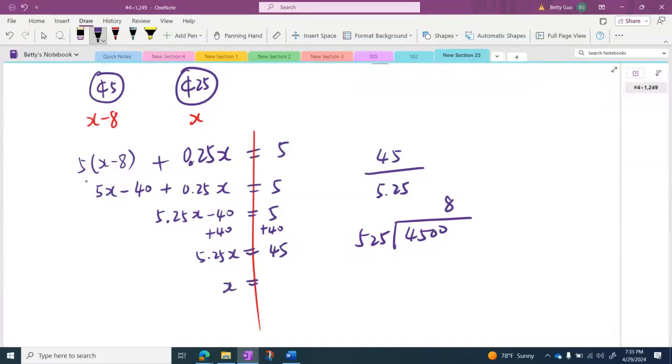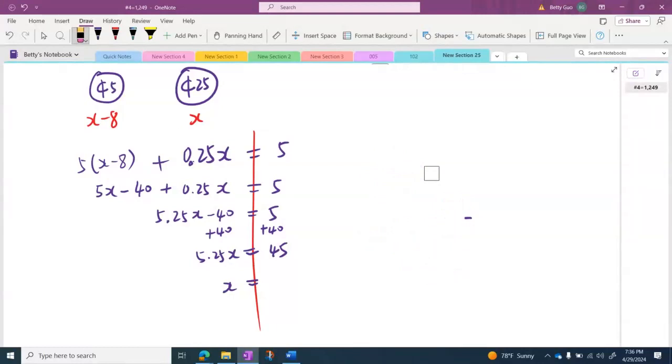What do you have? Guys, what do you have? No, it doesn't work. Did I make any mistake here?